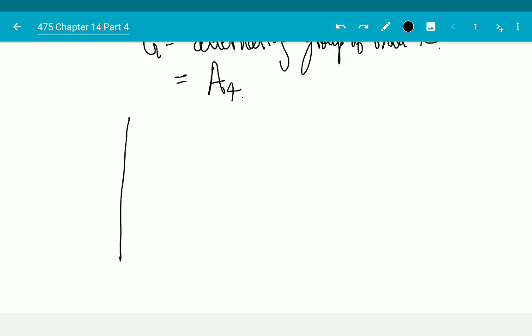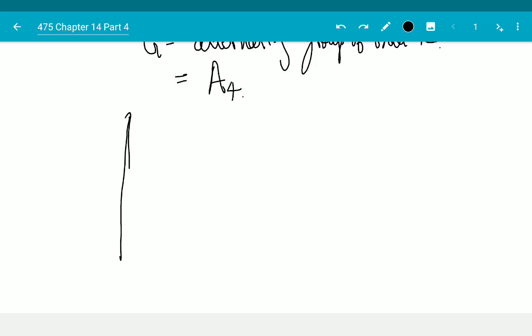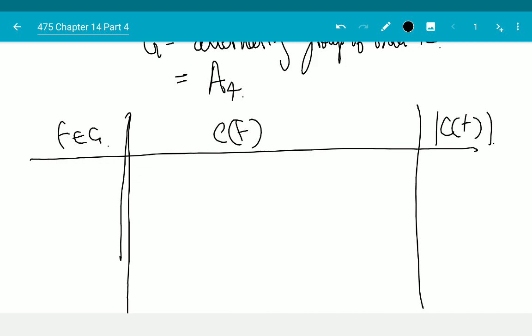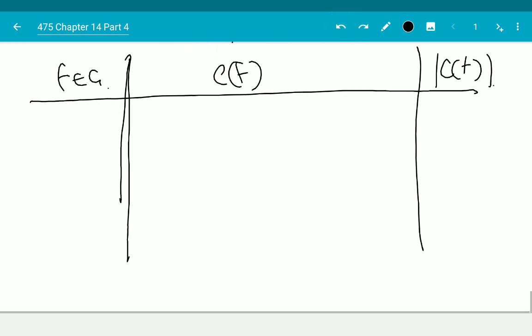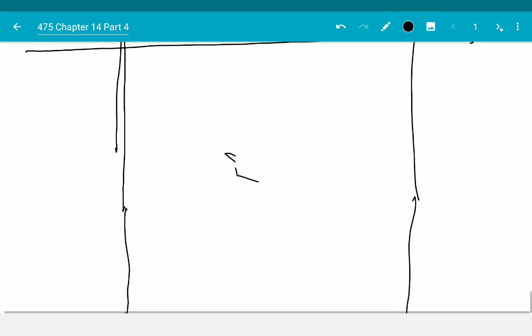Well, F belongs to G, C of F, and order C of F. Well, initially we'll do this for 2 colors, okay? And then you'll notice that the same exact idea as previously can be generalized to more than 2 colors.